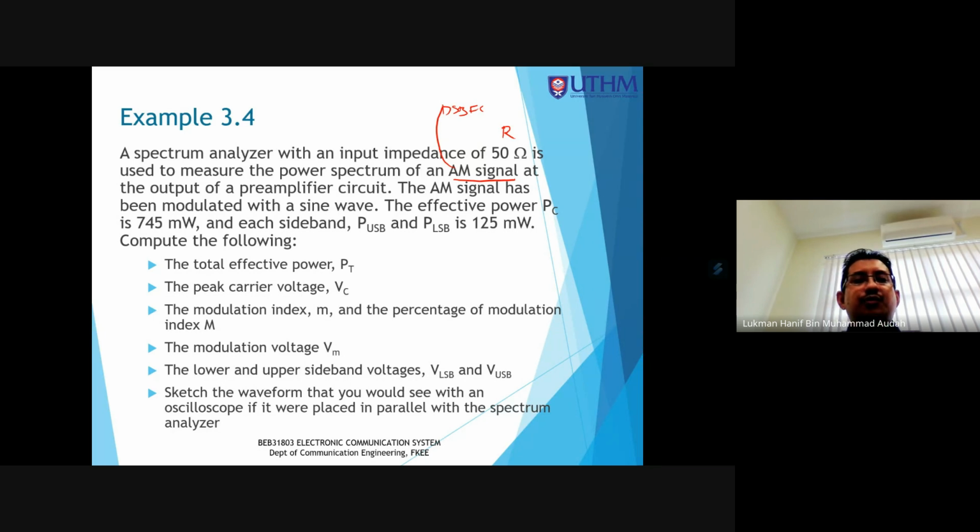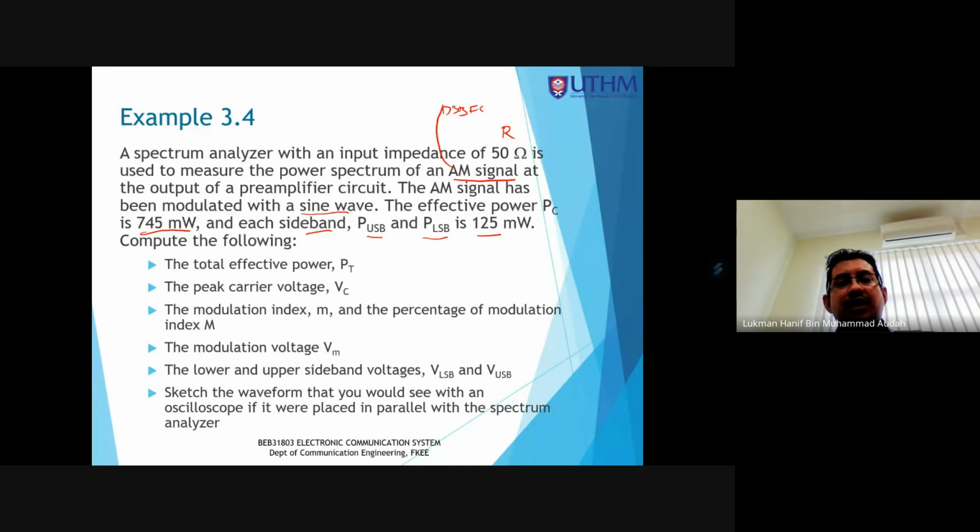At the output of the pre-amplifier circuit, the AM signal has been modulated with a sine wave, the simplest form of signal. The effective carrier power PC is 745 milliwatt, and each sideband, PUSB and PLSB, is equal to 125 milliwatt.